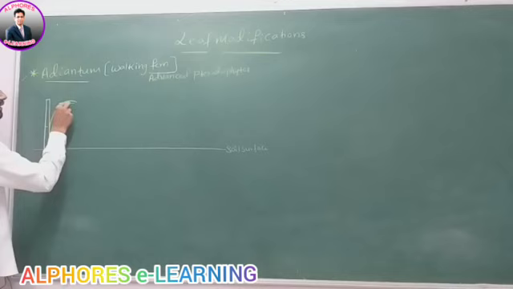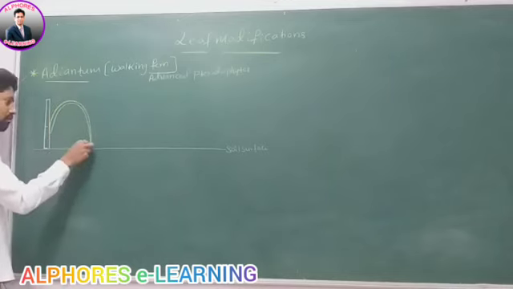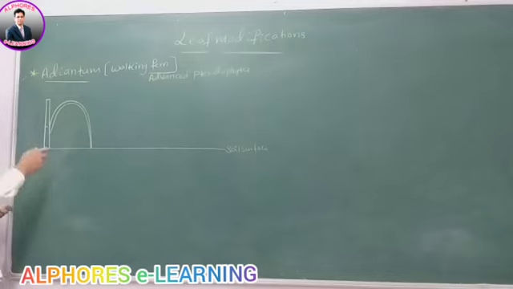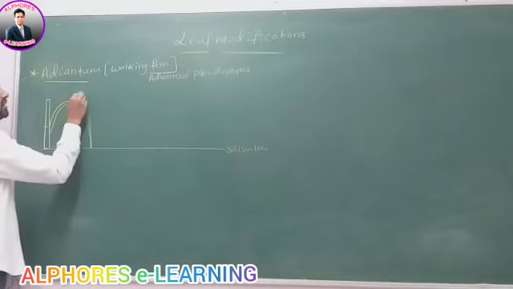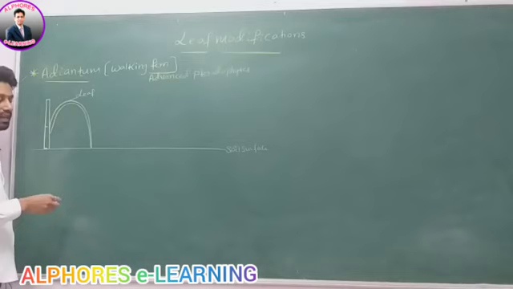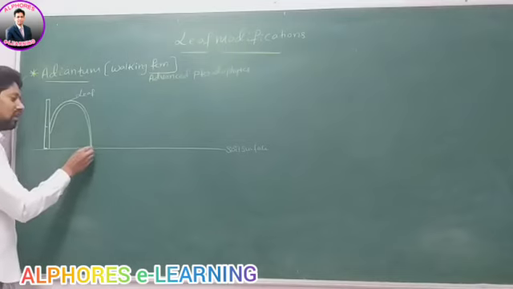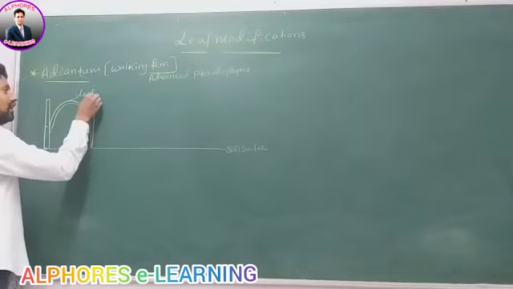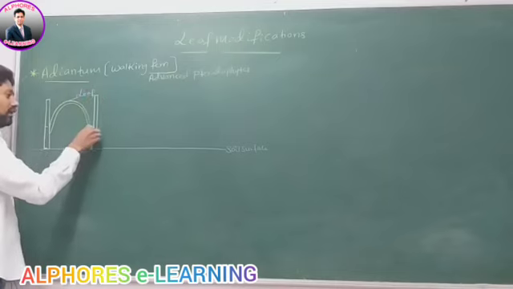Sir, whenever the tip of the leaf comes in contact with the soil, I am speaking about the tip of the leaf, right? When the tip of the leaf comes in contact with the soil, it develops into a new plant.